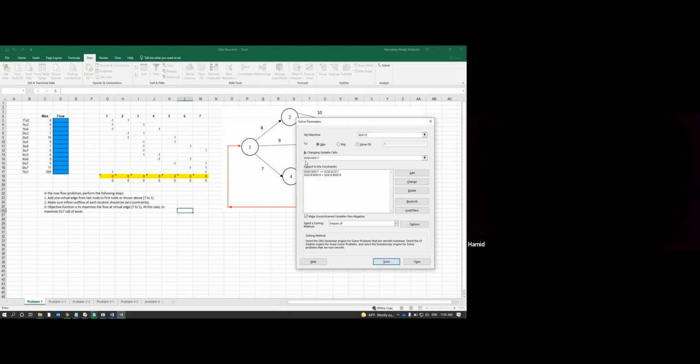The decision variables are D5 to D17, the flow that we are going to assign to each link. We have two constraints. The first, D5 to D17 less than or equal to C5 to C17, takes care of the maximum flow capacity of each link. The last one, G18 to M18, the yellow cells, should be equal to G19 to M19, so inflow and outflow should be equal.